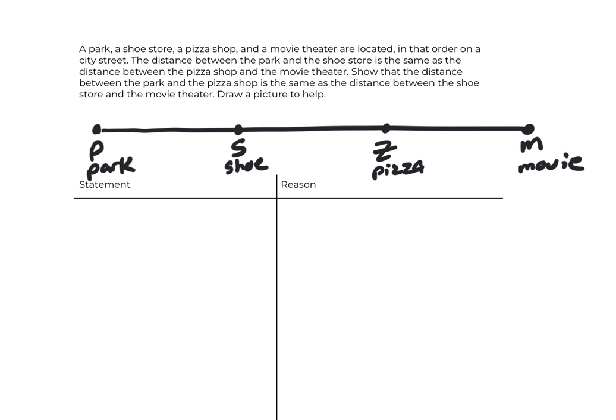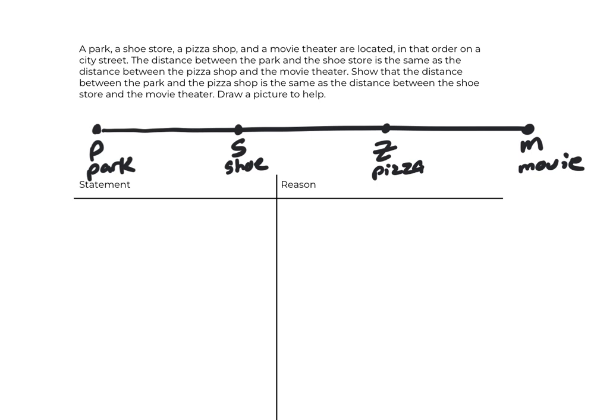Since I already used P, I can't use P for pizza. I gotta use a different letter, so I use Z for pizza, and then M for movie. Okay, so those are my 4 locations in that order, okay? So that's the first thing. And I went ahead and equally spread them out, or it kind of looks like equally, but we don't really know yet. I just put them all on a number line, okay?